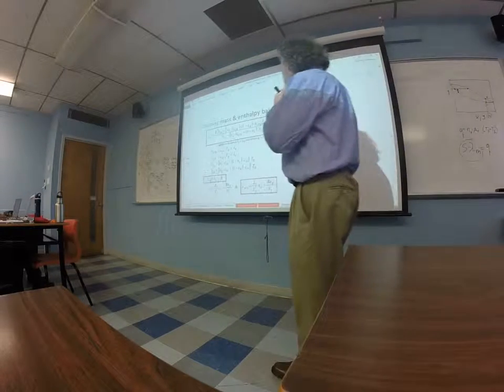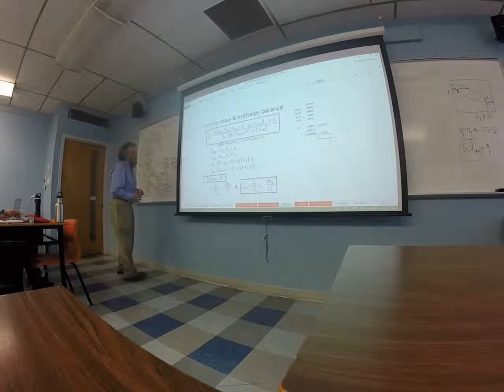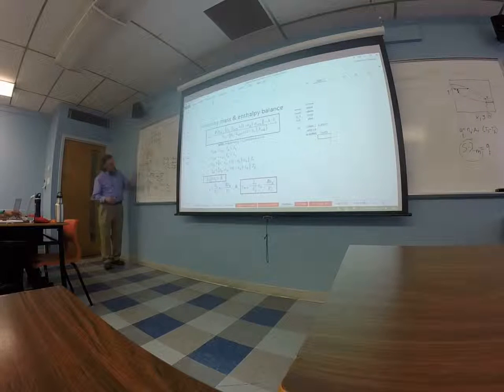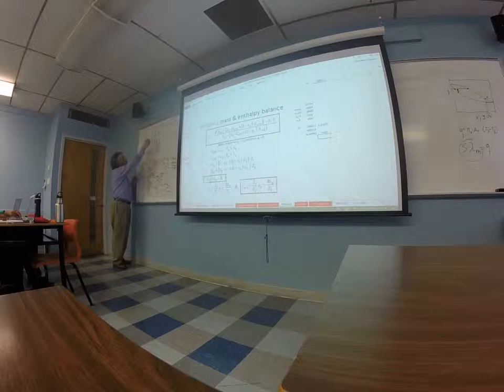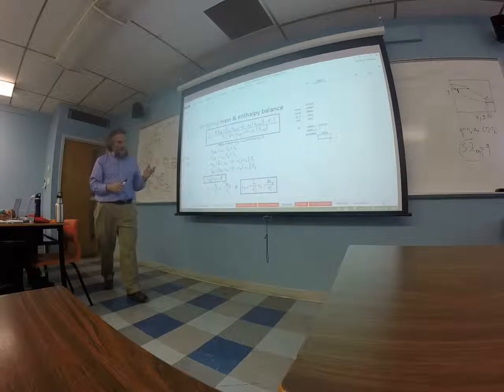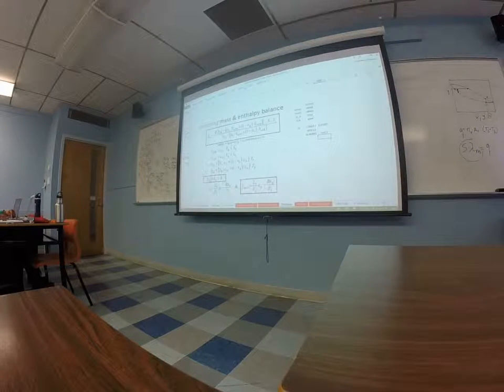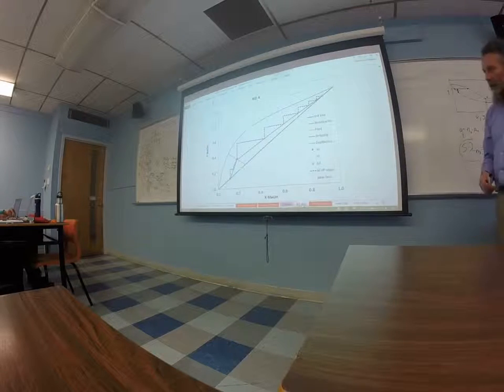And knowing this, we know that. This one we determine from the calculations of others. So we can then determine the slopes, and with the slopes we have the operating lines.